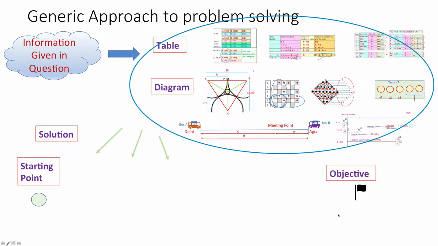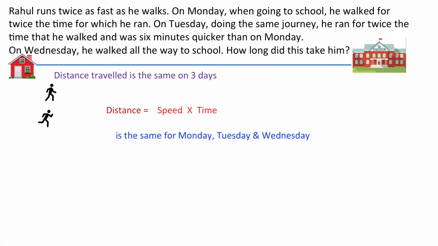Now, in this question, if you notice, you're supposed to find the time it took in minutes or hours on Wednesday. Apart from it, no other information is given in terms of value. We don't know the speed at which Rahul walks, or the speed at which he runs.